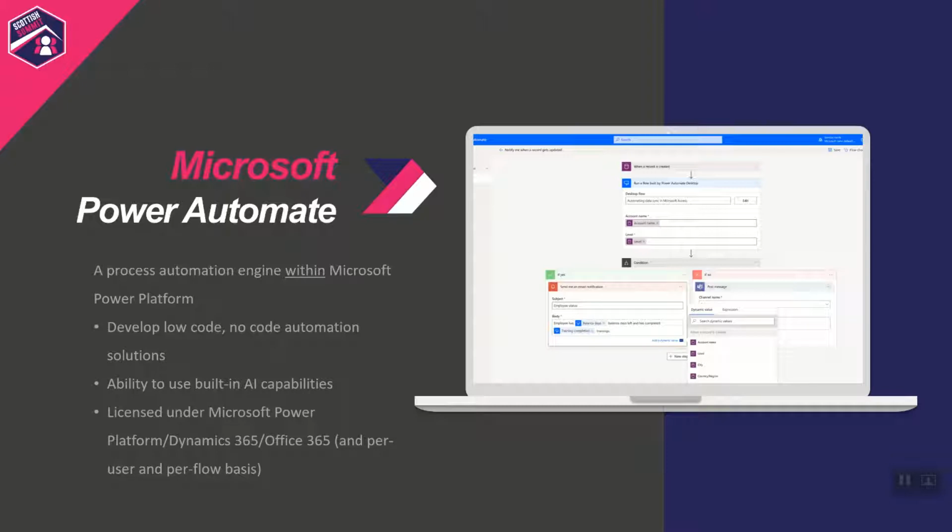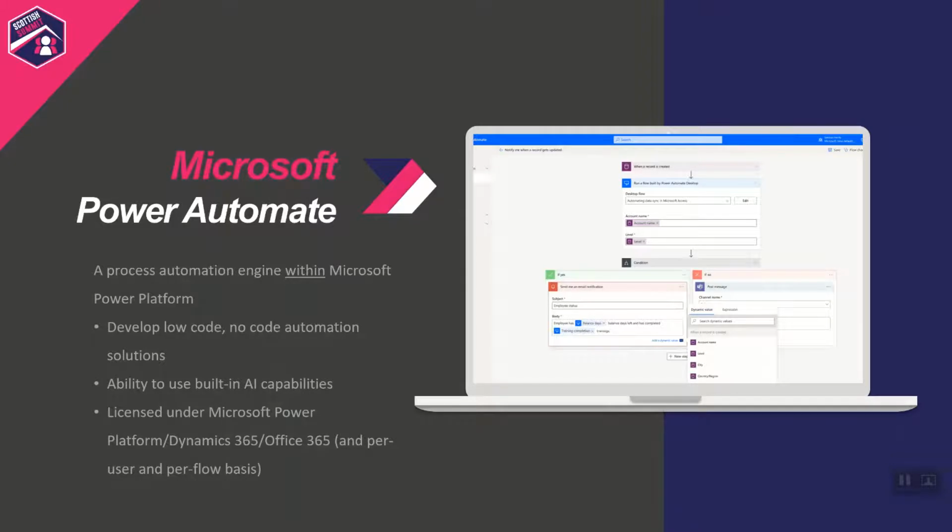Microsoft Power Automate is a process automation engine within the Microsoft Power Platform. It's there to develop low-code, no-code automation solutions. It has inbuilt AI capabilities. The licensing is under Microsoft Power Platform or as a part of Dynamics 365, Office 365 licenses. And there's also per user and per flow basis licensing as well.